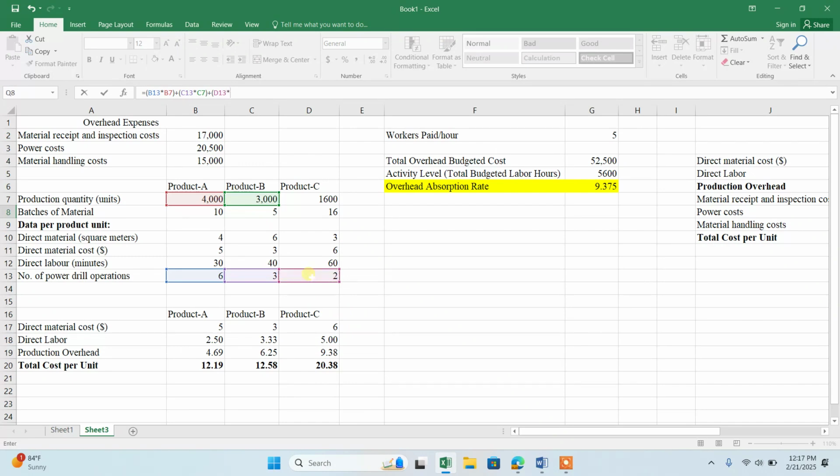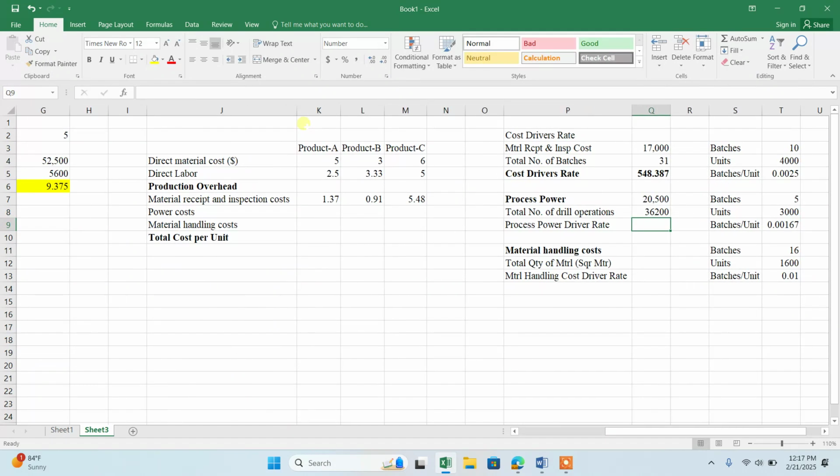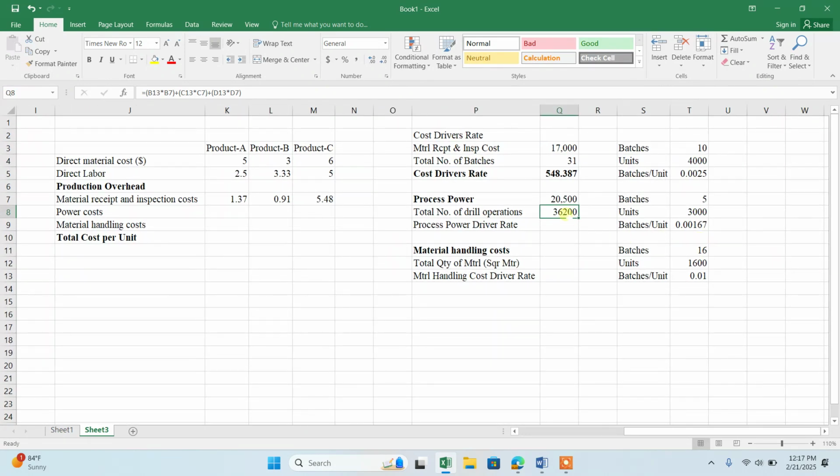And 2 multiplied by 1,600 units. Now, my dear, once I multiply each by its number of products, a total of 6,200 operations are required, which cost me 20,500.